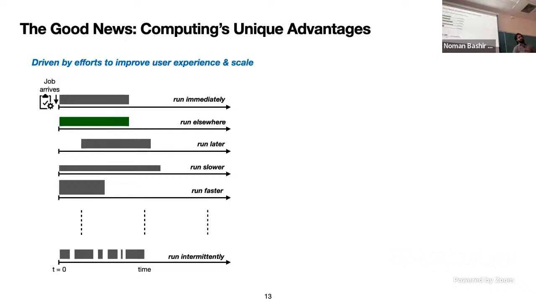You cannot move your dishwasher load to a different location just because it has low carbon energy there. So the unique advantages of computing and the tools that we have built over time make it a really good load for doing carbon arbitrage in response to variability in carbon.